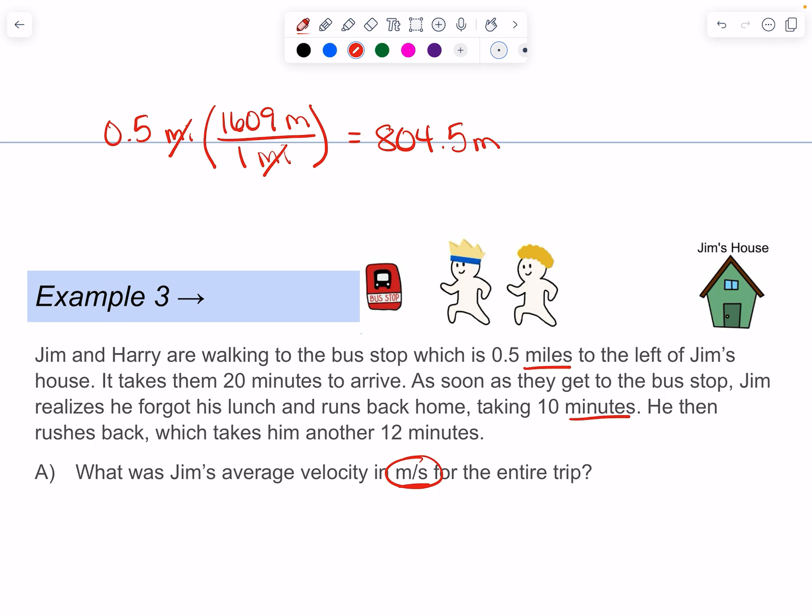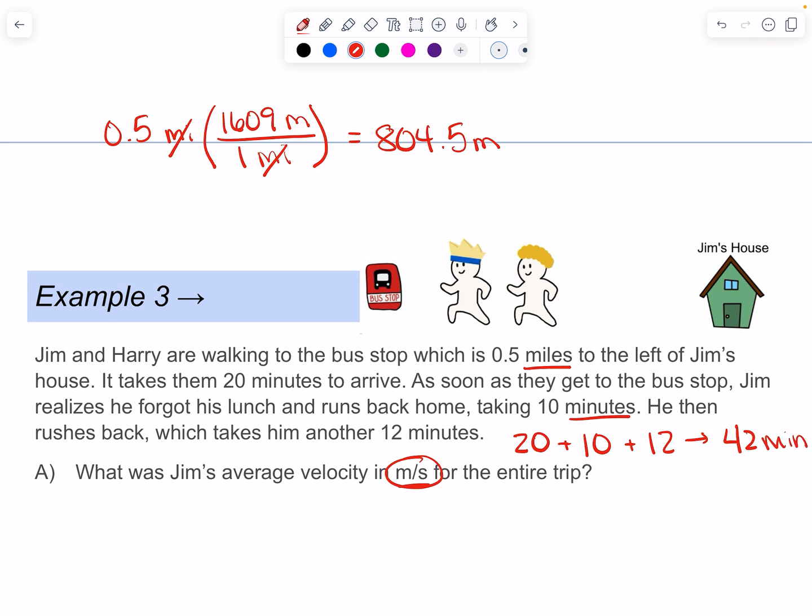Now looking at time, it's asking me for average velocity, so I'm going to need the total time interval, or the total time it took. So looks like it takes them 20 minutes to get there. He runs back home, so adding another 10 minutes to the trip, and then rushes back in another 12 minutes. So all in all, that is a 42-minute journey.